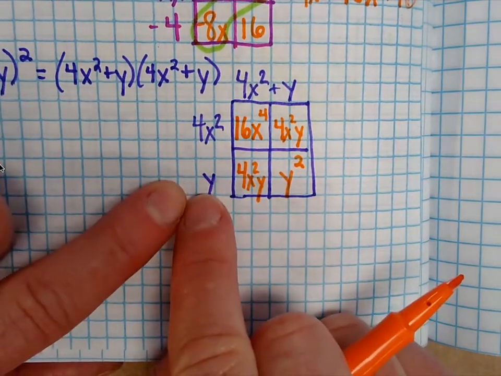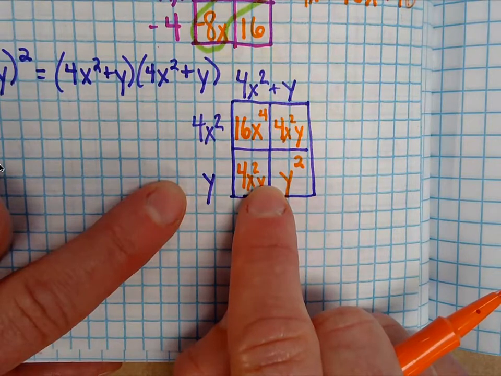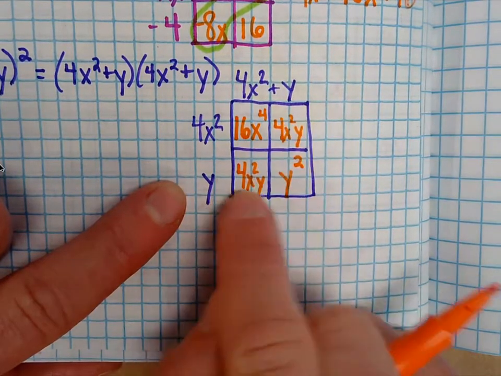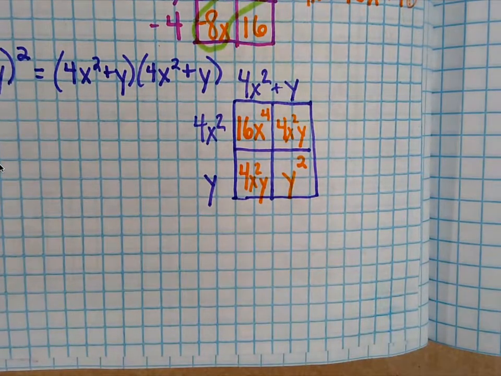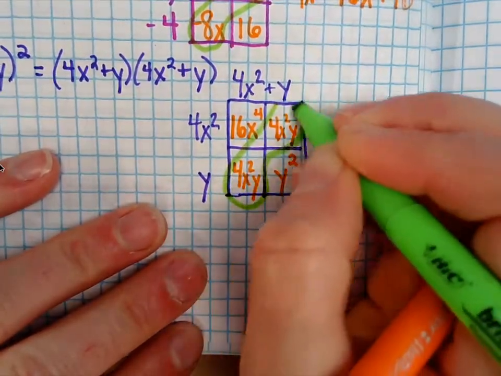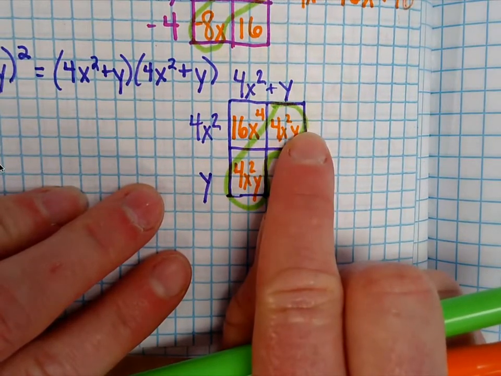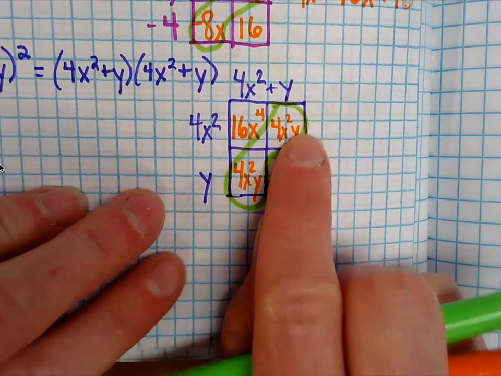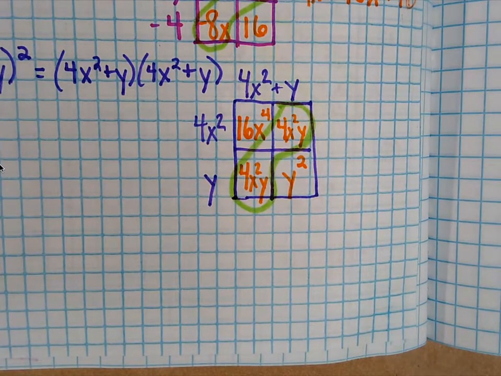Can I combine the y squared with the 4x squared y? No, because they don't have the exact same variable and exponent. So it has to have the exact same. So see how this is x squared y? This one is x squared y. It could have been y x squared, and that would still be the same. As long as your variable is the same and your exponents are the same.